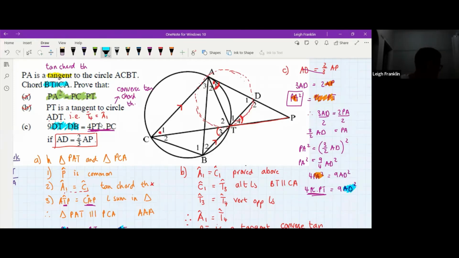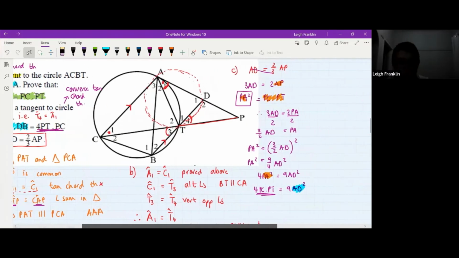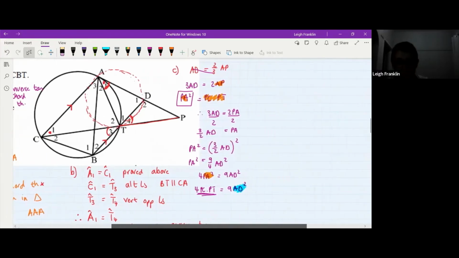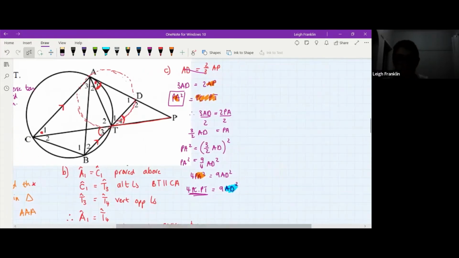So now, if we want to work out AD squared with DT and DB, we don't know which triangles we are working in. So we're going to do what we were doing earlier with this PA squared equals PC times PT. All right, so I'm just going to go over to the side over here, and we're going to say rough work. So up at the top, our rough work.